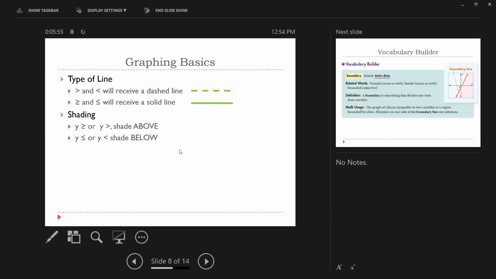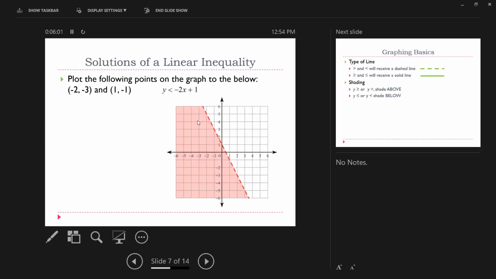Then once you start graphing these, you also have to put colored shading on here or draw lines on it or somehow designate what the half plane is that represents the solution area. Because now we're not talking about a single number that's a solution. We're talking about a whole area of a graph that includes every point under the shaded area.